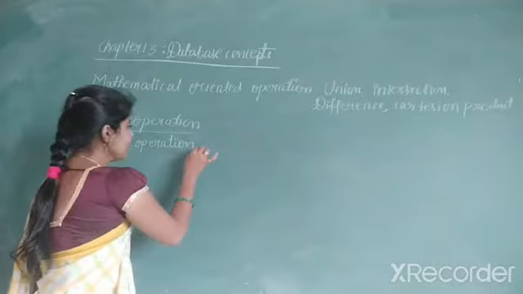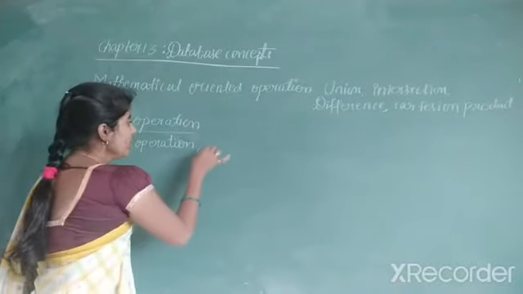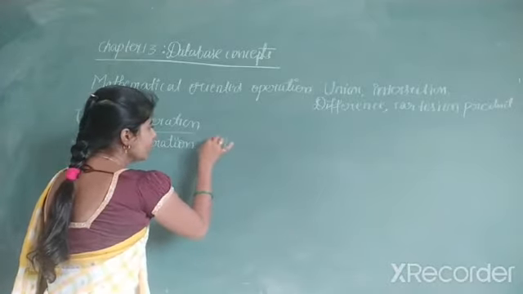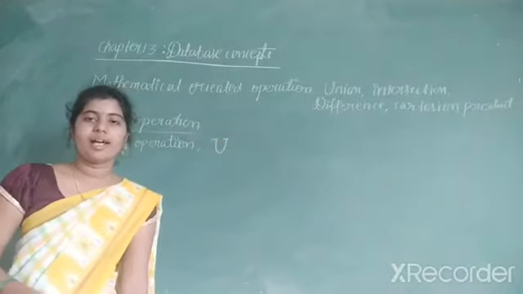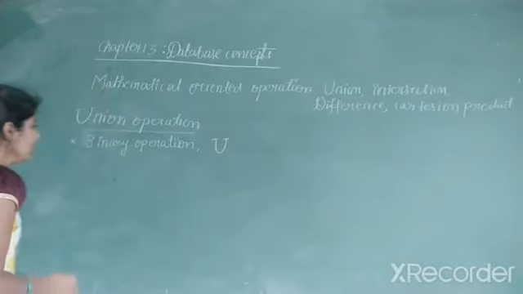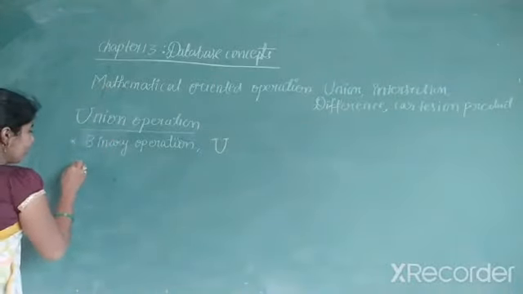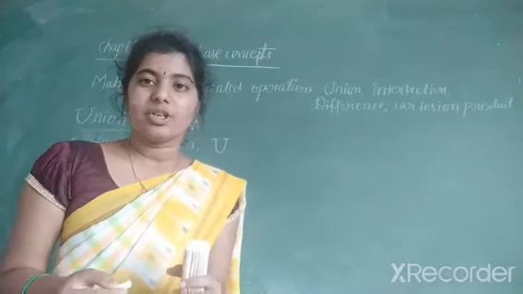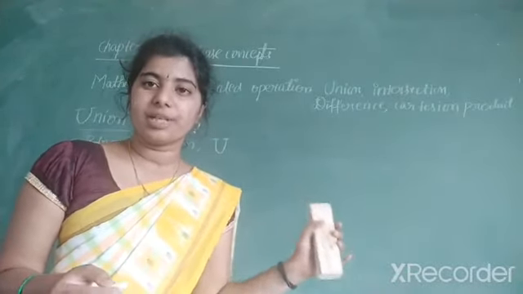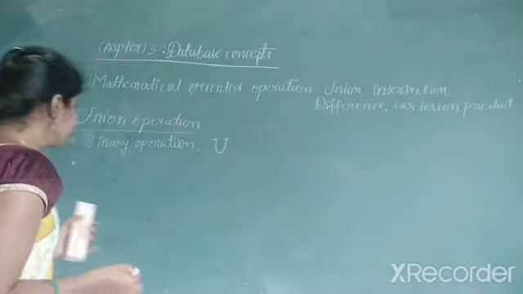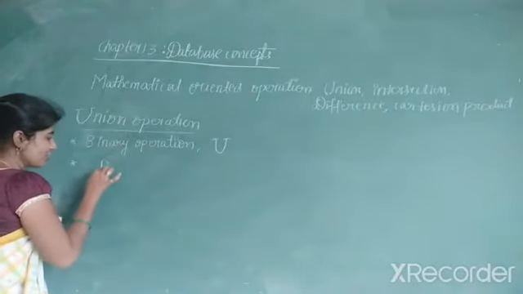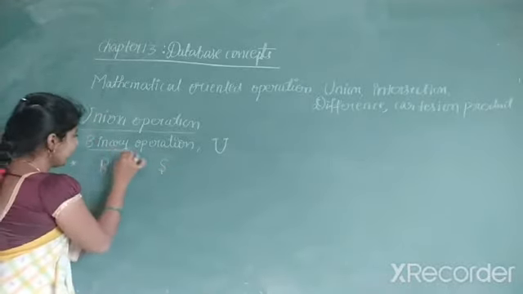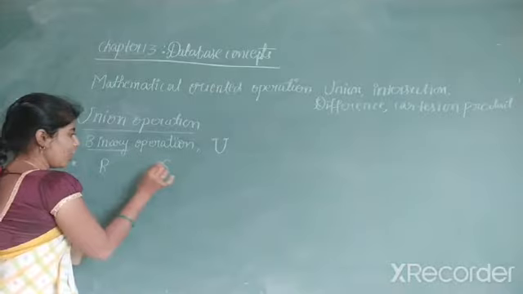And the binary union operation is represented by a symbol called U. Union operation is used to select all the tuples from the relation R and from the relation S. Assume that there are two relations, one is R and another one is S. You know that it is a binary operation because it is applied on how many relations?